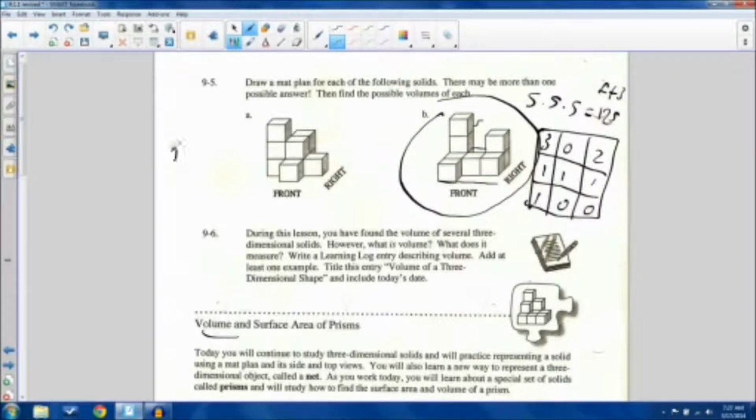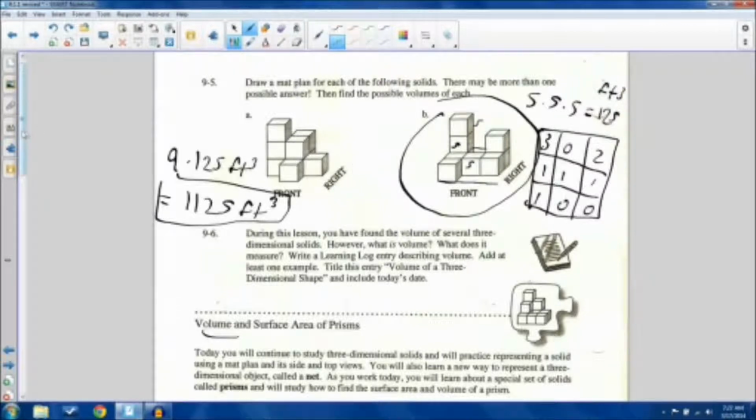So I have 9 cubes, all of 125 cubic feet. So the volume, you multiply that and you get 900 plus 225, 1,125 cubic feet. Okay, that's an example if the length is 5 by 5 by 5, etc. Okay, so that's how volume works.